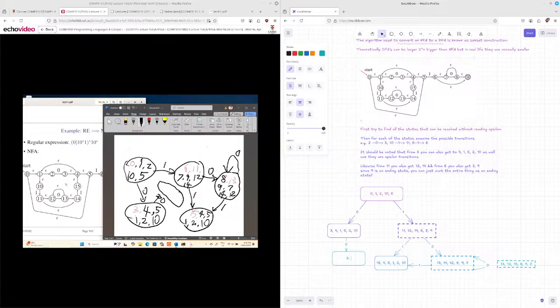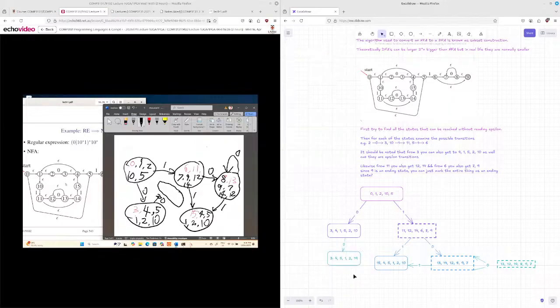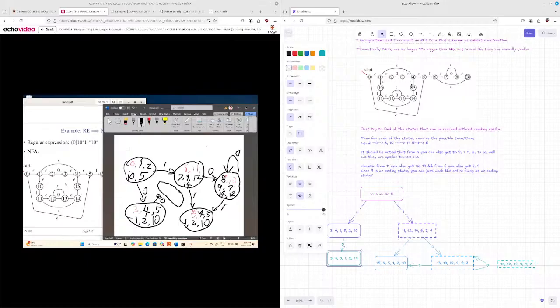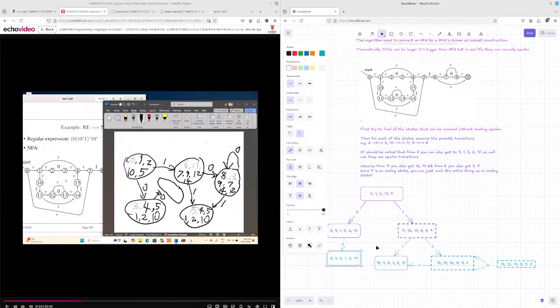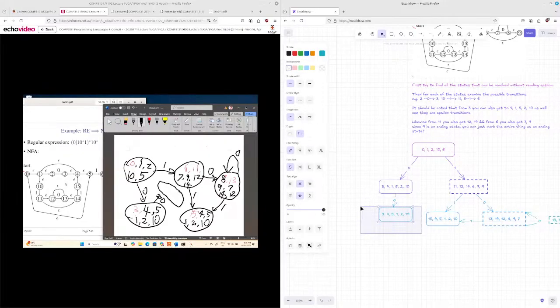So we just get 3. What can you get with 3? You can get 4. You can get 5. You can get 1. You can get 2. You can get 10. This is really close to this. It's just it starts at a 3. This starts at a 15. Okay. I'm going to leave that hole for now.